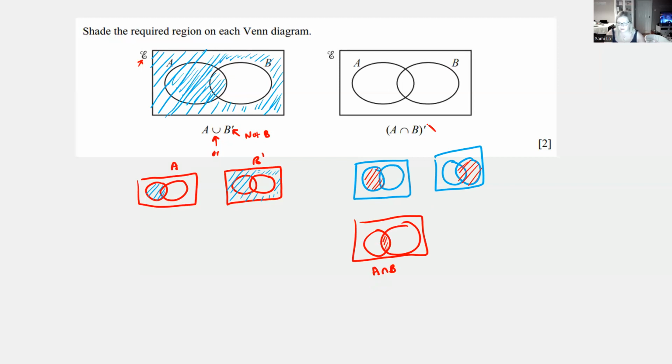So not, because remember that means not A and B, so it's the opposite of that. So then essentially what we're doing is shading everything that's not that middle. And it doesn't have to be amazing when you're shading these, just make sure you do not shade the inside bit. There we go. That'll do.